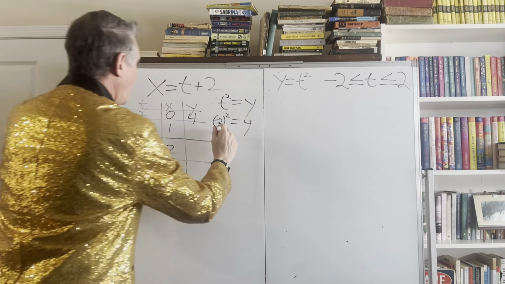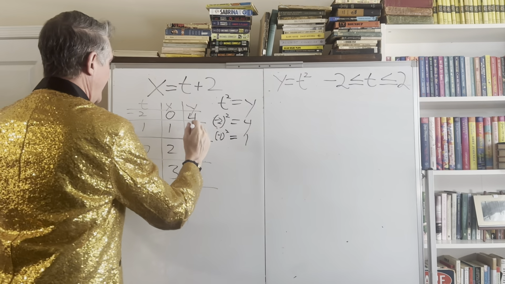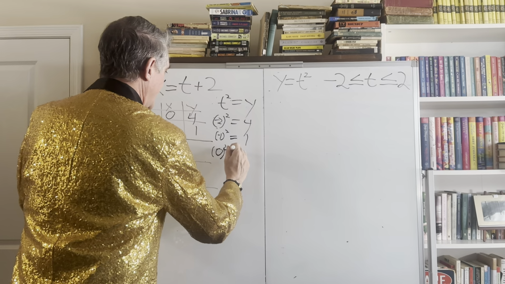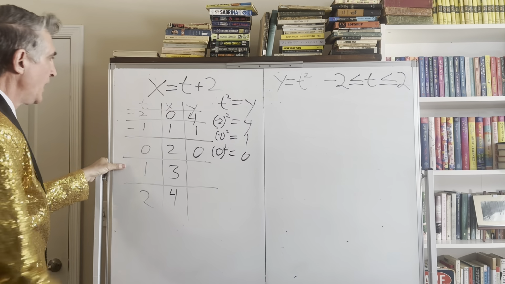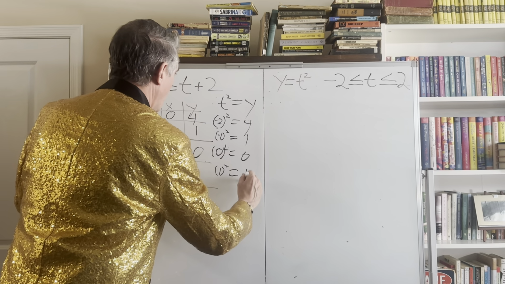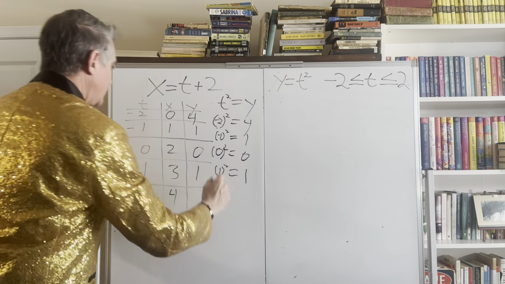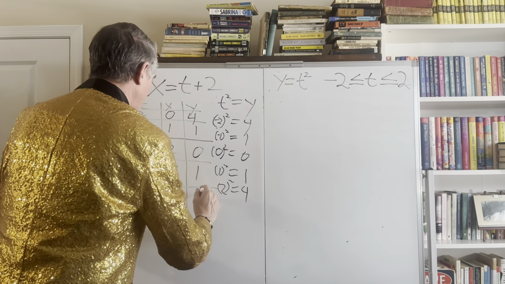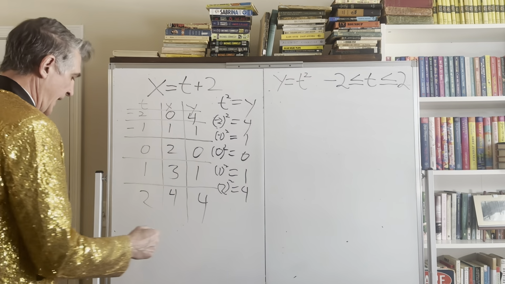And -1 squared gives us a 1 value as well. And 0 being squared, well, we know what happens there. That's just going to be a 0. And so I've got a y value of 0. Go ahead and plug in 1 here, being squared as well. It's going to give us a value of 1, y value of 1. Last but not least, 2 being squared, well, that's just a +4 in our world, or anybody's world, or this world anyway. Okay, well, I've got my y values as well.